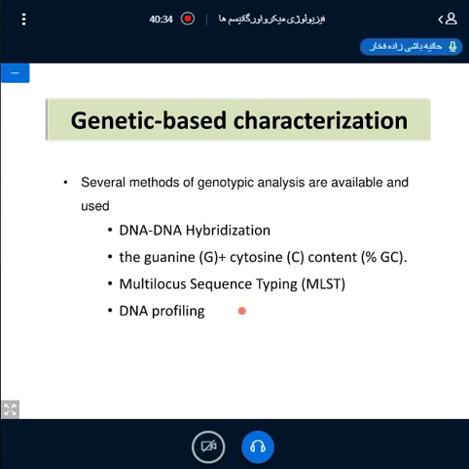For genotyping analysis, we have several methods: DNA hybridization, guanine cytosine content, and multi-locus sequence typing, or DNA profiling. They are important. Writing.